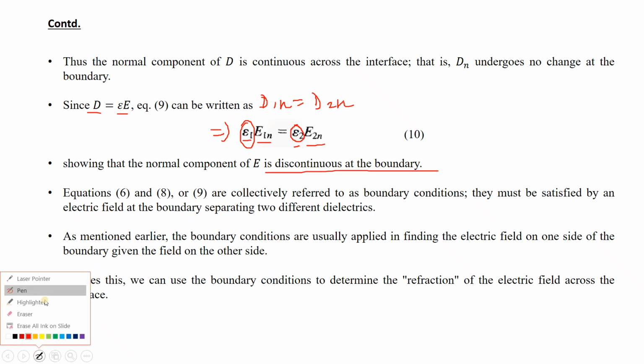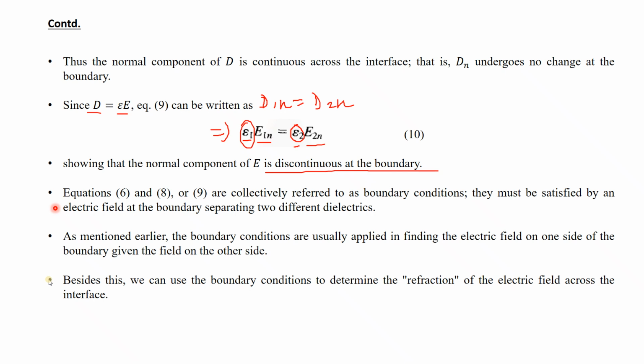showing that the normal component of E is discontinuous at the boundary, so it is not equal. So that is why it is not continuous. So equations 6, 8 and 9 are collectively referred to as the boundary conditions. They must be satisfied by an electric field at the boundary separating two different dielectrics.